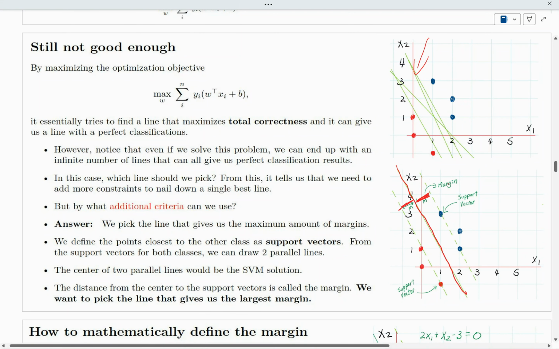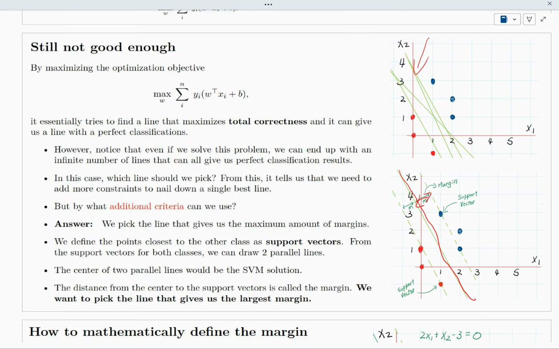I'm going to define the points closest to the margin as support vectors. So we want the margin from the middle to the support vectors to be as large as possible. Once again, notice how if I drew the line this way, there's very little margin for error. But if we draw it this way, notice how the margin is much larger. So by having the largest margin for error, we determine that as the optimal solution.